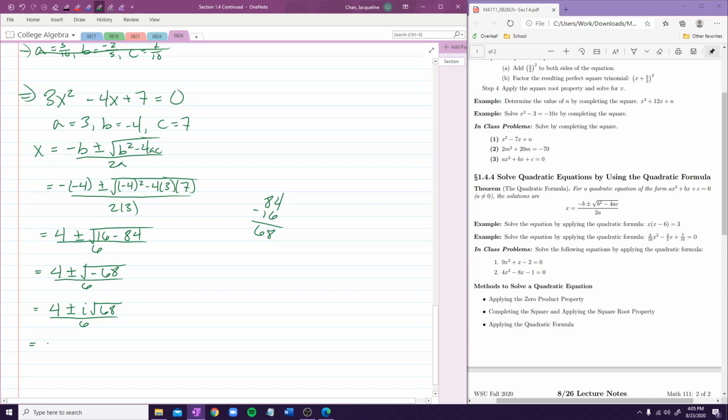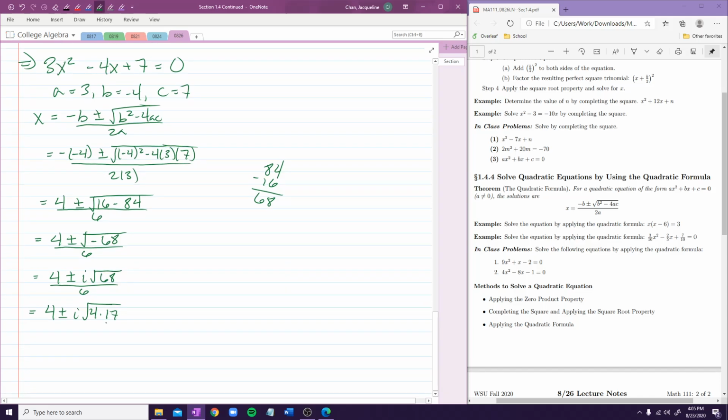I think the biggest square that I'm seeing in 68 is 4, so let's go ahead and pull that out. So this is the square root of 4 times 17, all over 6. When I do that, I get 4 plus or minus 2i square root of 17, all over 6.